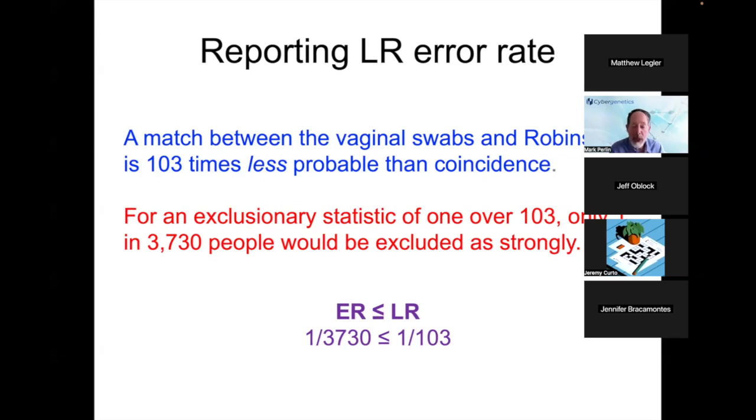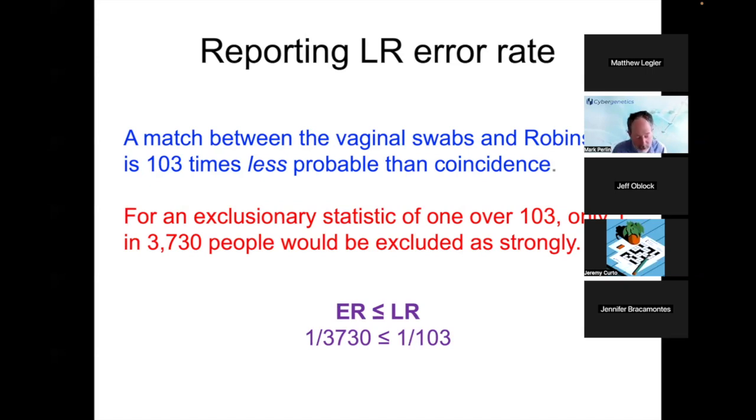Because the likelihood ratio is flipped to the other side with the hypothesis for exclusionary results, the law is the error rate is less than or equal to the likelihood ratio because we flip the hypothesis. And as you see, 1 over the LR would be an upper bound on the error rate, 1 over 103. And here it's about 30 times less, 1 over 3,700. And that's how we report this.